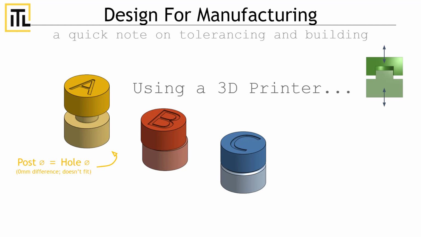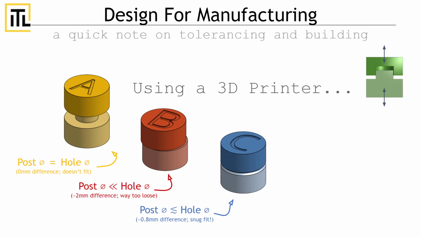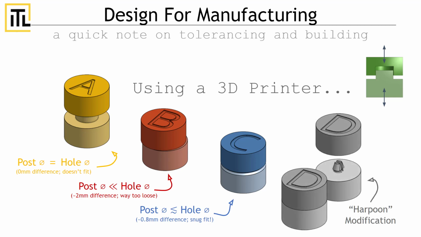In the red and blue posts B and C, we work towards a more reasonable fit. For a 3D printer, tolerances over 1 mm typically provide a loose fit, where 0.5 to 0.8 mm of tolerance provide a snug or even snap fit. There are lots of ways to approach this problem. Perhaps you create a more complicated feature which harpoons the pieces together, making for a permanent yet loose mate.